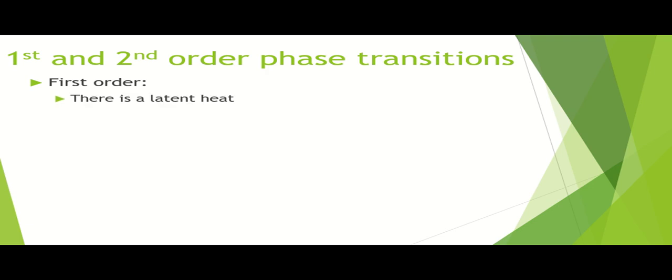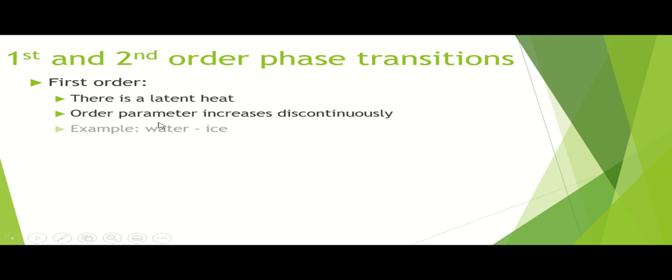So for first order phase transition, we have seen that there is a latent heat. Basically it requires some amount of heat during the phase transition, and that's what we call the latent heat of either vaporization or melting, depending on the phase transition. And then we have an order parameter which increases discontinuously. I think we also discussed this order parameter in previous videos, but we will discuss it again in the next slide.